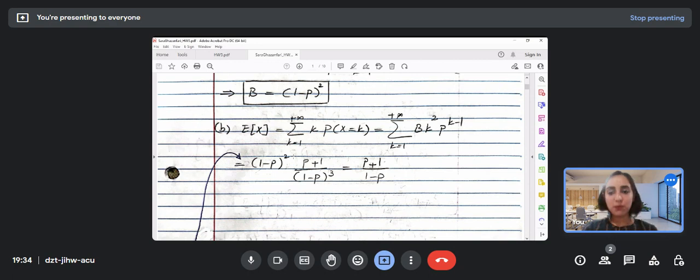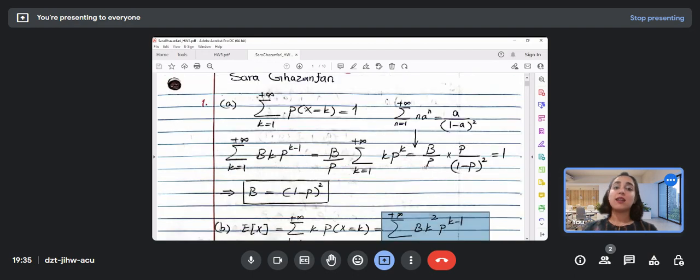We have the sigma again, and we need to calculate k times our probability mass function. And after writing the formula for our probability mass function, we get to this, and again we need some kind of approximation.